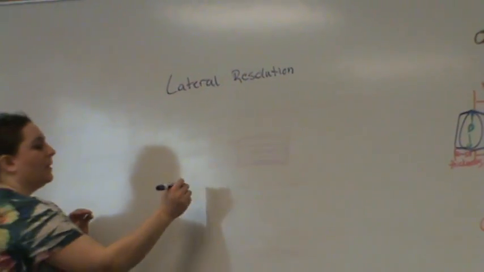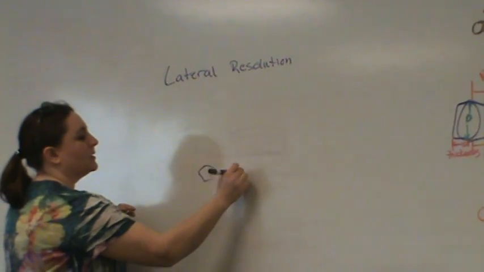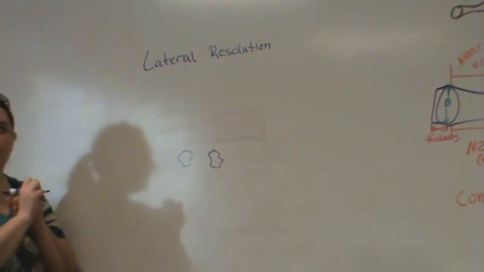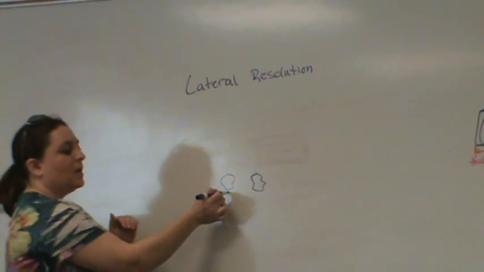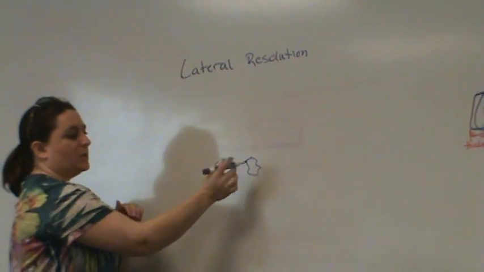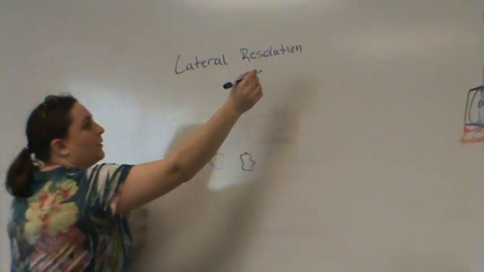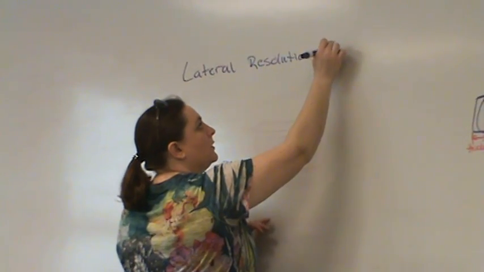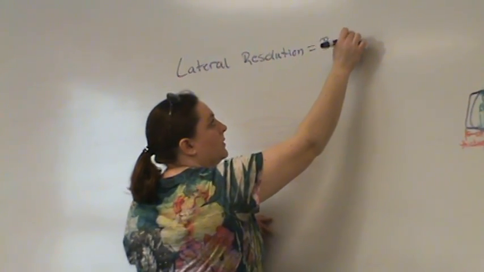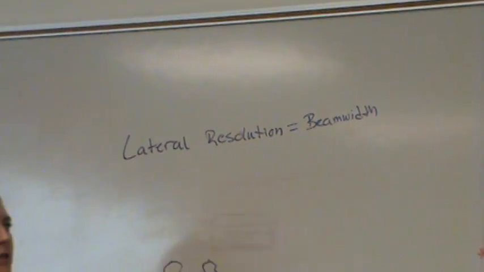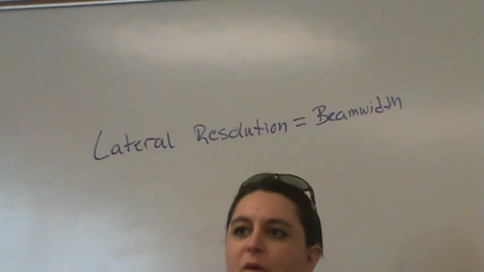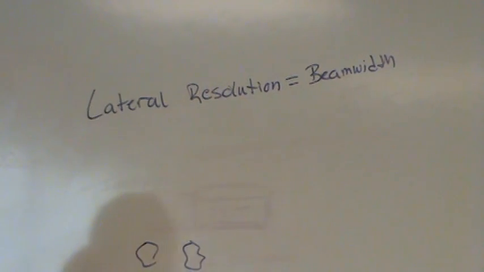So what that might look like is if I have something hanging out here and something hanging out here, and I want to see both of them, I'm going to have good lateral resolution that's going to hit this structure and then also hit the space in between and hit this structure. And lateral resolution for our world is equal to the beam width. So however wide my beam is, whatever this dimension is over here that we've been talking about, that's what my lateral resolution is.